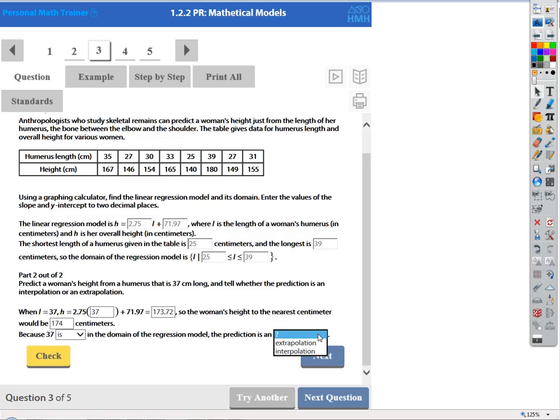Interpolation versus extrapolation. What's the difference, you know? Extrapolation. Interpolation is between. Extrapolation is outside the domain. Okay, good. Extrapolation means we're going to make a guess outside of the scope of our data, right? Interpolation means we're going to take a value within our data set somewhere, inside our domain, and make a prediction. Which one do you think is probably usually more accurate? Interpolation. Interpolation, yeah. Good. Okay, does that make sense?